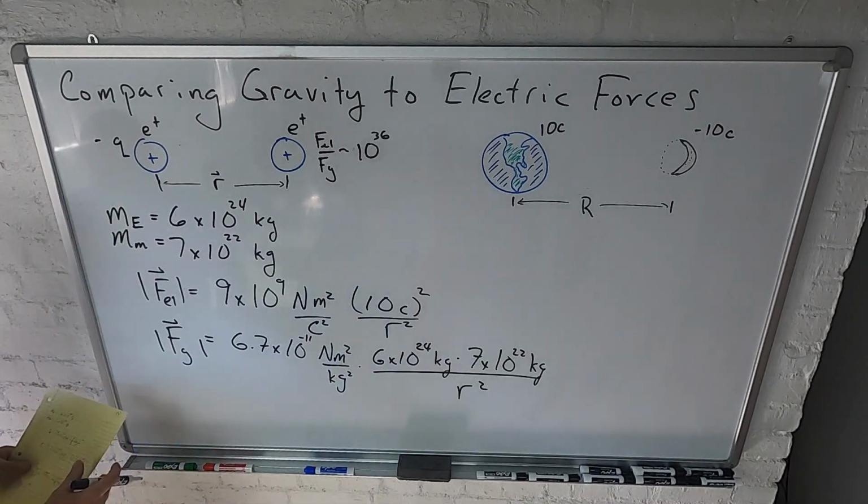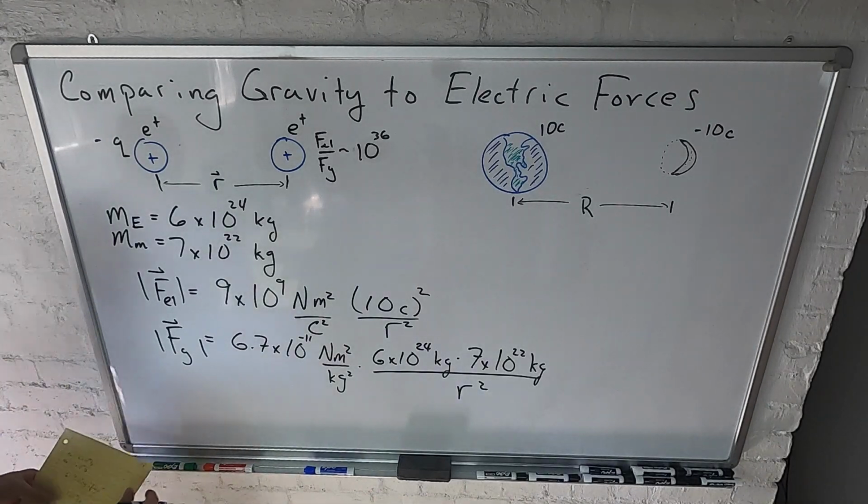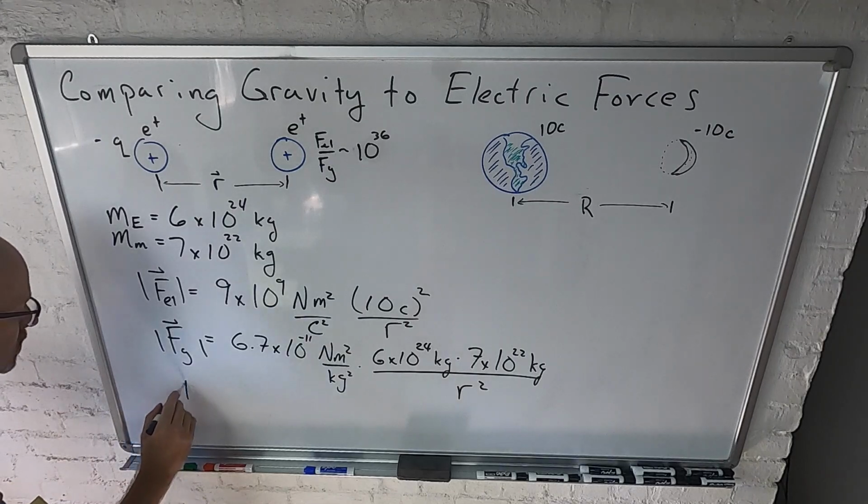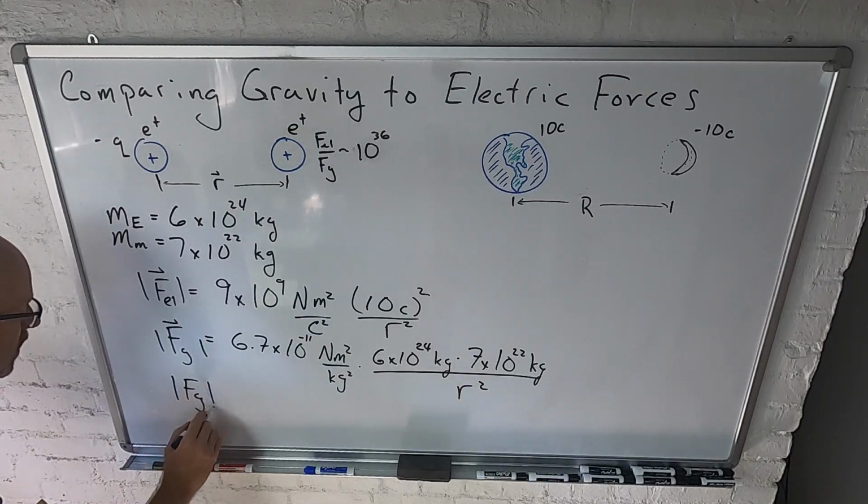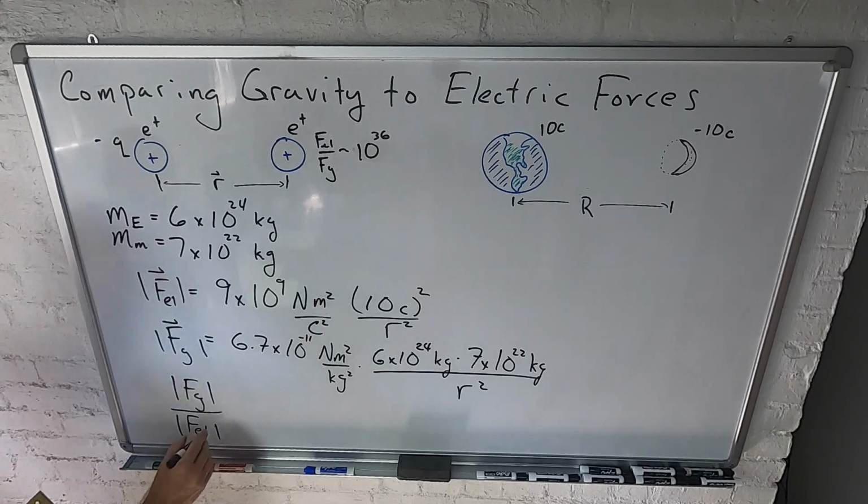And now if I take the ratio of those two values, I'm going to do this, F of gravity over F electric now.